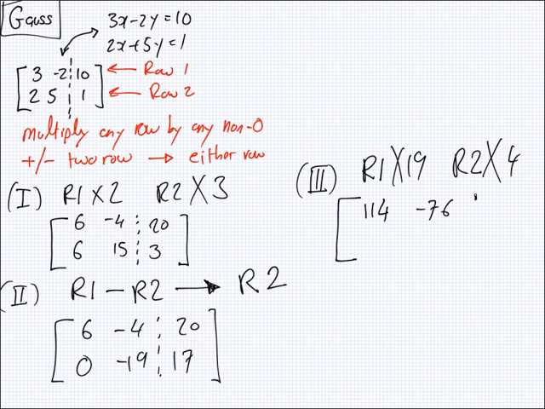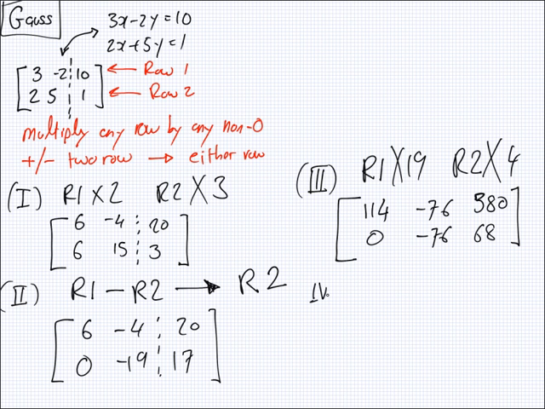20 times 19. 380. 380, isn't it? Yeah. And then 0 minus 76, and then 17 times 4. Are these all right? Yeah, no mistakes? Yeah.